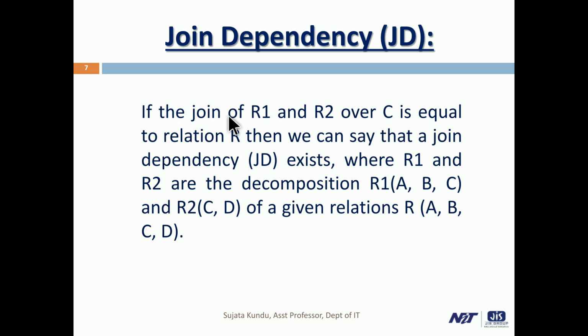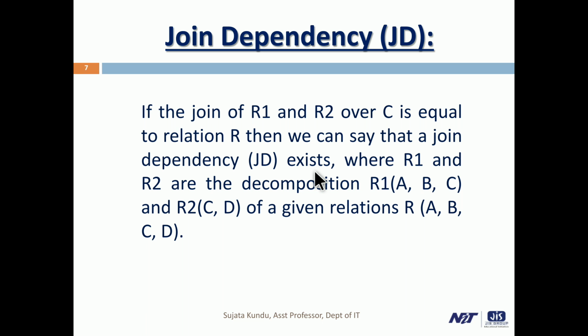If the join of R1 and R2 over C, that means over an attribute C, R1 and R2 are the two decomposed relations of R, and if I join R1 and R2 and we get back a relation equal to the relation R, then we can say that a join dependency exists.